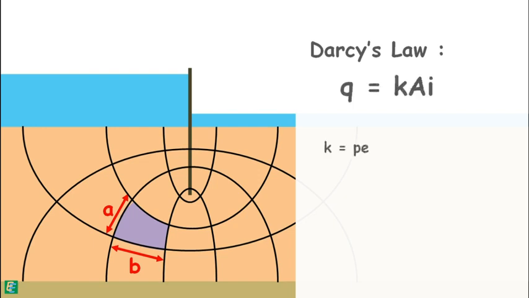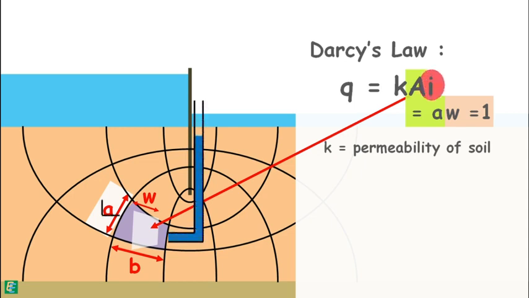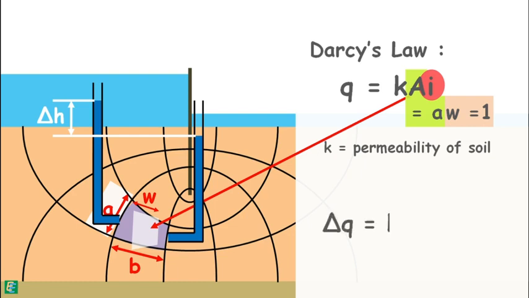Here, K is the permeability of the soil, A is the area of cross-section through which the water is flowing, which is height of the flow field a multiplied by its width, say W. But it is generally taken as 1 meter. i is the hydraulic gradient, which is head loss over the length of the flow field b, say delta H. So, discharge through this flow field can be written as this.